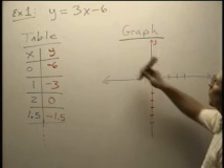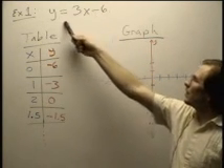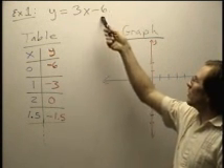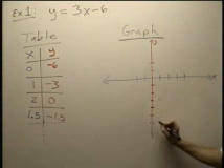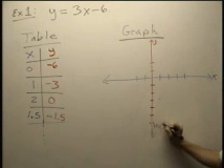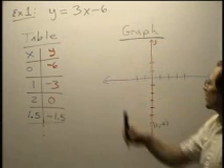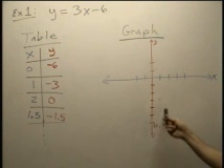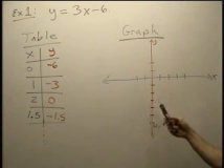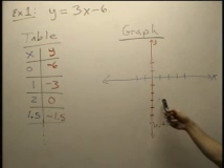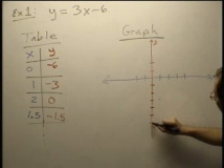An alternate method would be to consider that this is slope-intercept form. This negative 6 tells us the y-intercept is 0, negative 6. And this 3 tells us the slope is 3. So as we go to the right 3, we're going to go up. As we go to the right by 1, we're going to go up by 3 each time.